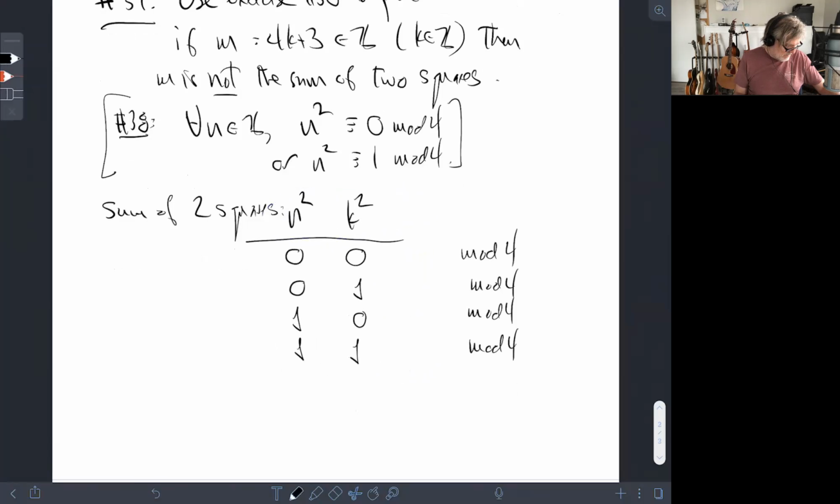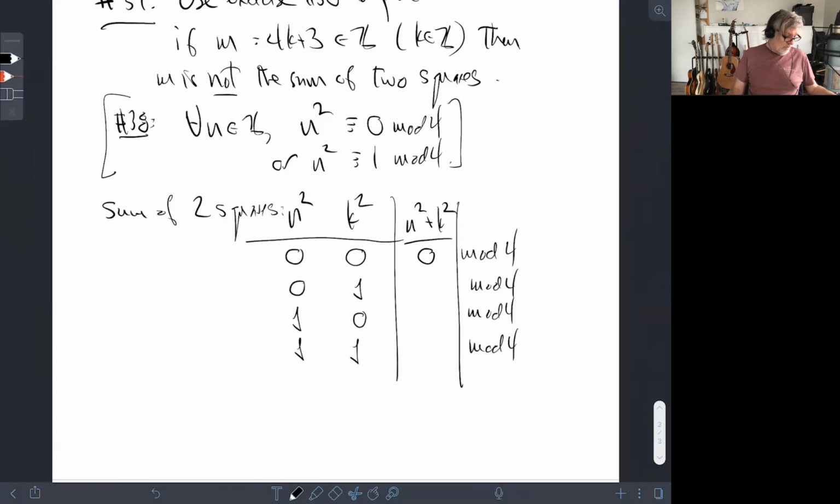Right, so I'm looking at everything mod 4. If n squared is 0 and k squared is 0, what about n squared plus k squared? Well, it'll be 0 mod 4. Hopefully everybody is okay with that.